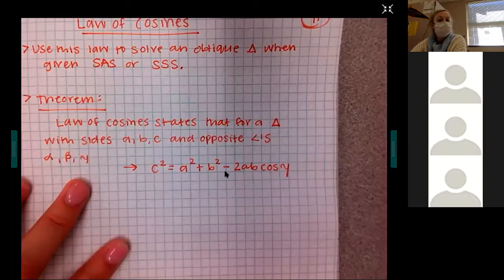So law of cosines states that for a triangle with sides A, B, C and opposite angles alpha, beta, gamma, C squared equals A squared plus B squared minus 2 times A times B cosine of gamma, so cosine of the C angle.